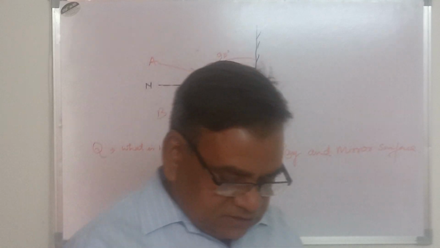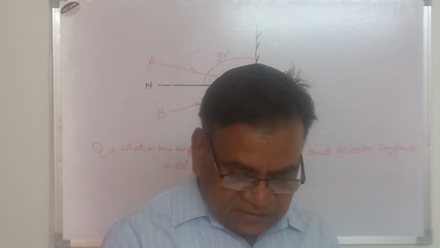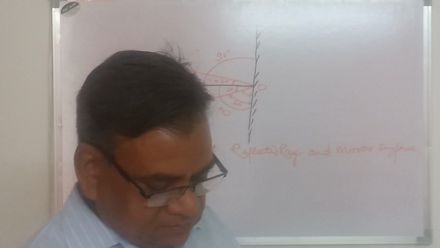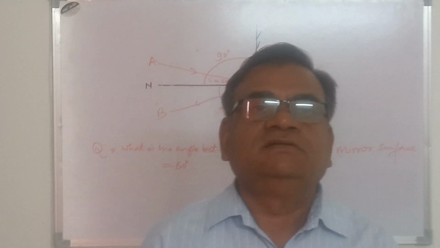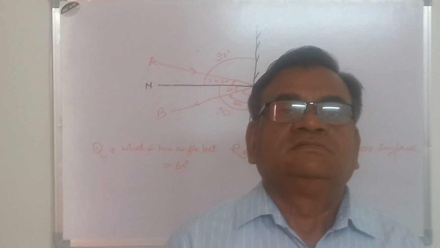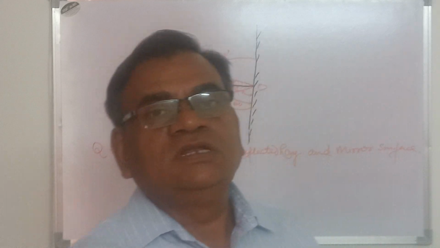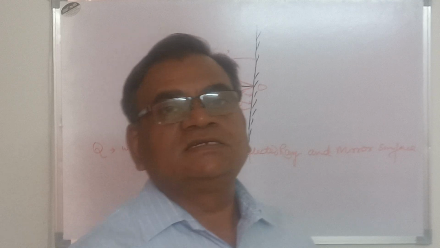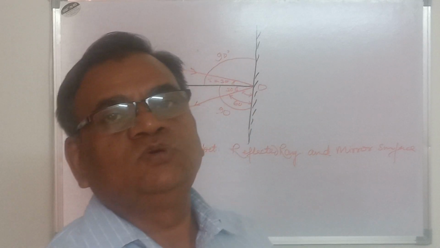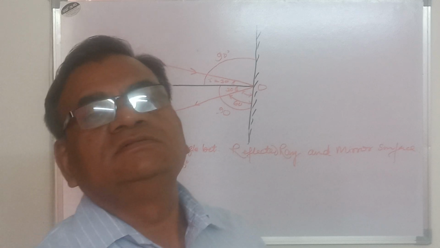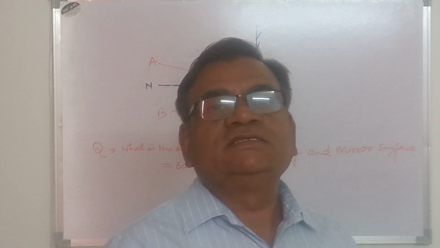What is the difference between real image and virtual image? A virtual image we cannot take on a screen. In case of a virtual image, the reflected rays don't actually meet at a point, but they seem to meet.